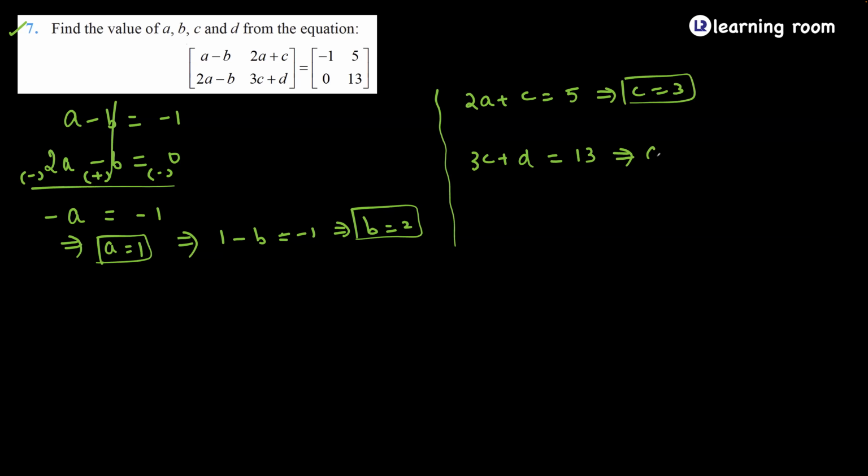So d will be equal to 13 minus 9, which is going to be 4. So the answer is 1, 2, 3, 4. Am I clear with this? Shall I proceed?